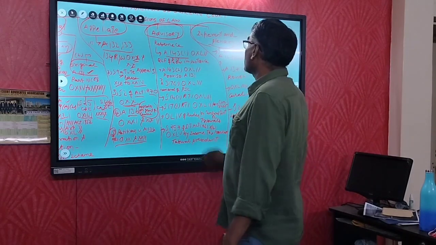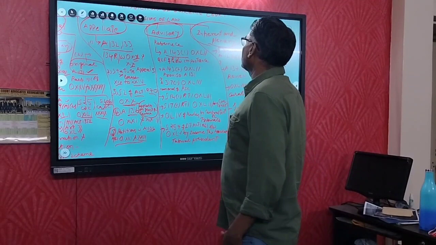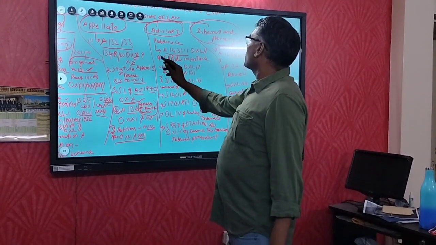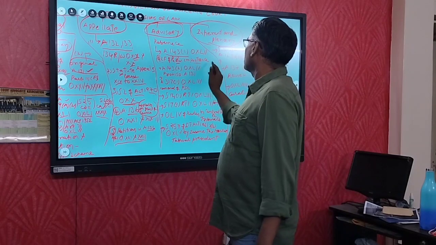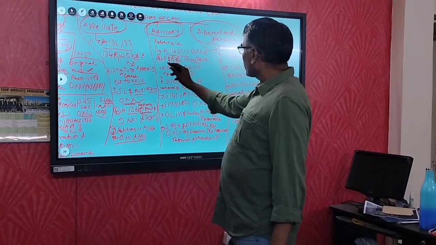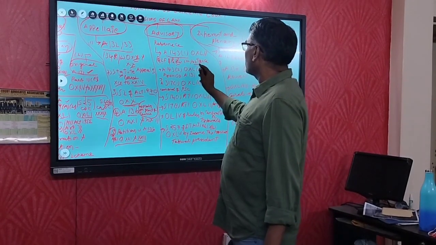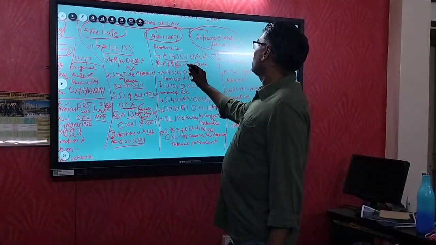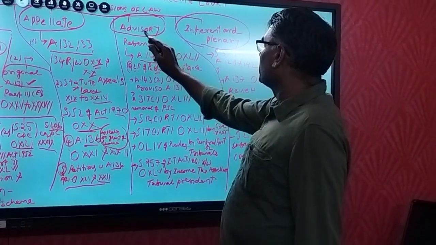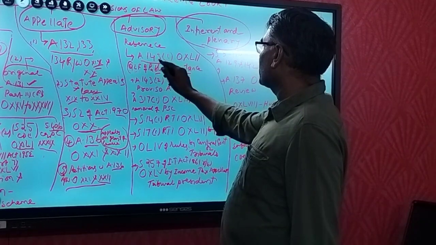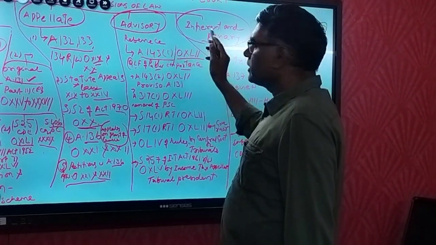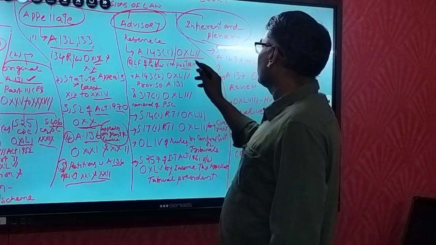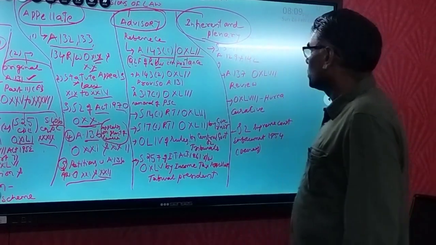Which type of advice can he seek? Any question of law or fact of public importance can be referred by the President under Article 143 Clause 1. The relevant rules are in Order 42.